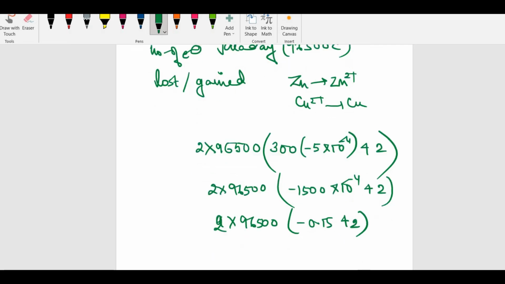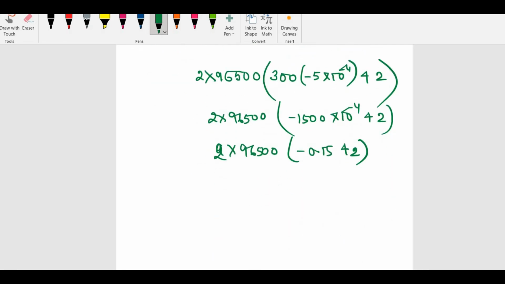If you follow and do the correct calculations, your answer should come out to be roughly minus 412.8. This should be your answer, and it is in kilojoule, of course, right?